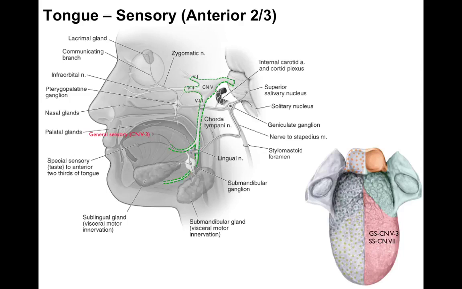General sensation from the anterior two-thirds of the tongue, pain, temperature, touch, vibration, goes via sensory neurons with the cell body in the trigeminal ganglion and goes back to the pons. Now in blue, there is our chorda tympani nerve, and so our special sensation for taste via cranial nerve 7 courses in the chorda tympani nerve, hitchhikes on the lingual nerve for a while, then jumps onto the chorda tympani and goes back to the pons.